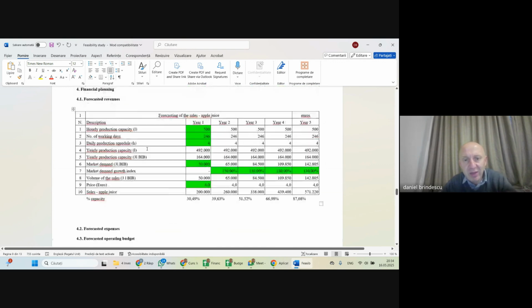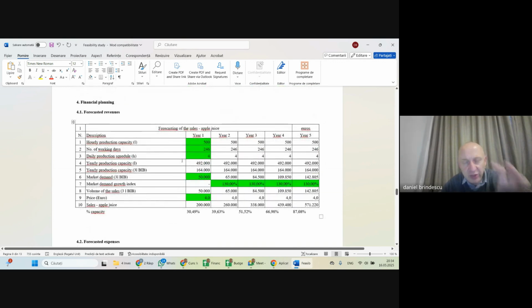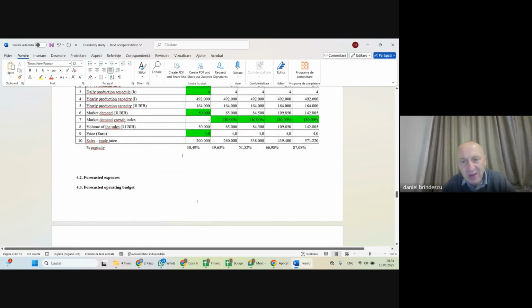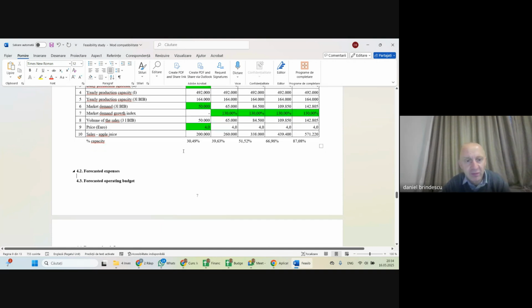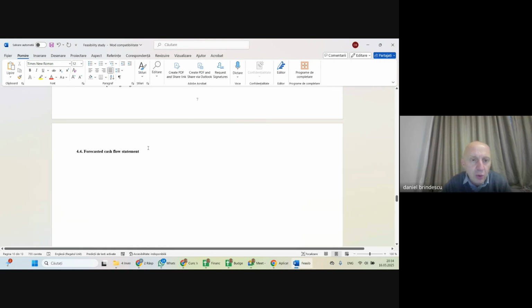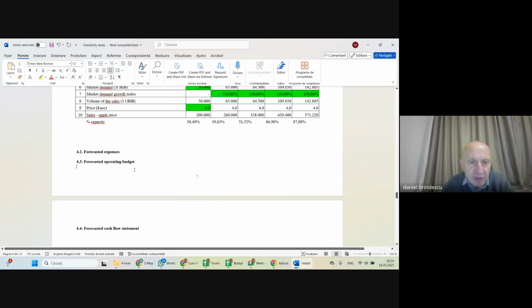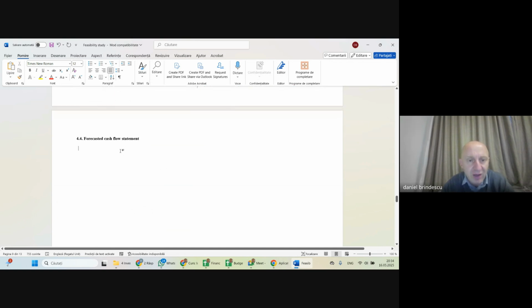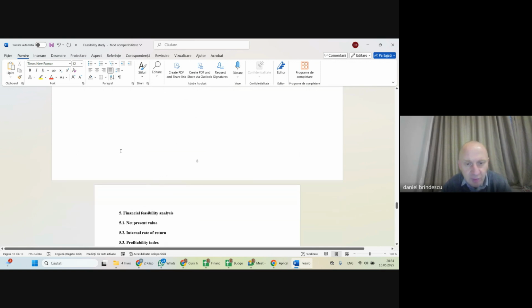Okay, I go on with the charges. I copy in the same manner the tables with the charges. I arrange them correctly within the Word document, and I explain in 2 or 3 phrases for each table what I've done, what were the main hypotheses. You finish with this. You copy, of course, the operating budget. You copy the forecasted cash flow statement.